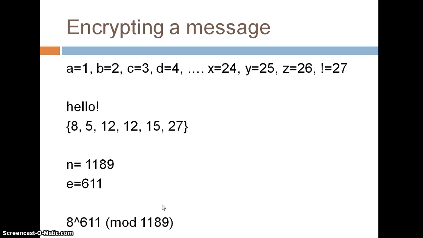I want to encrypt hello, and you can see there's my message changed to numbers. N is 1189 and E is 611. These are the two things, the public key, that I would just find online. To change 8 to the encrypted text, I would just take 8 to the 611th power mod 1189. And then I do that with 5, 12, and so on.